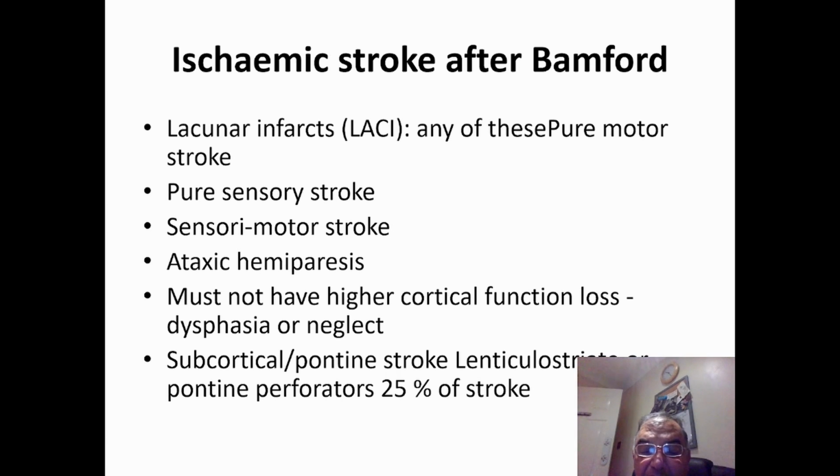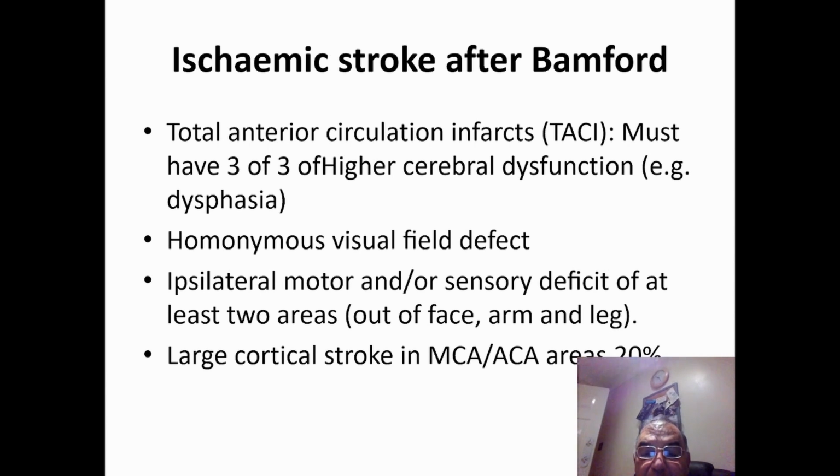Usually they do not have high cortical function loss and are usually subcortical, and most of these involve the lenticulostriate arteries and the pontine perforators, and constitute about 25% of strokes. The second in this is the total anterior circulation infarct, or TACI.